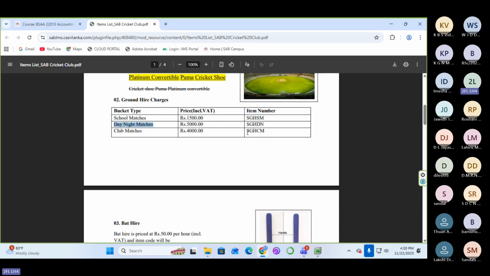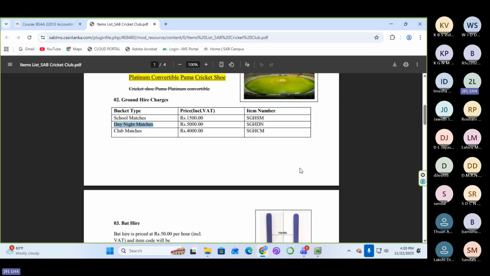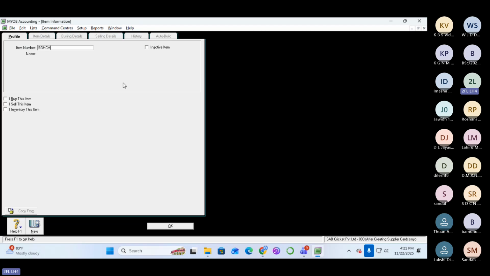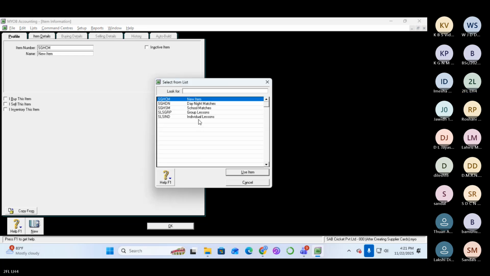Again, see how I'm using it. I'm going to create a new item. I take this item code and then I'm copying from, let's say, any existing match type, other type, right?